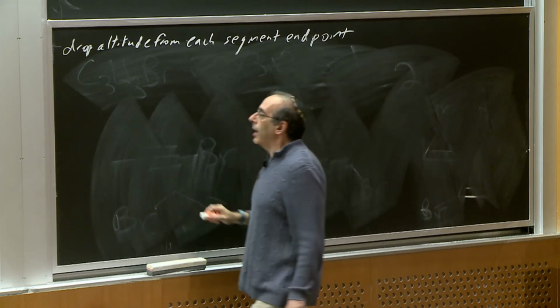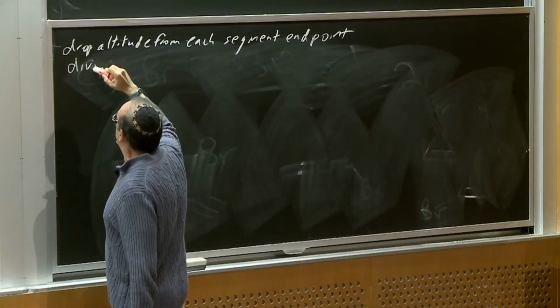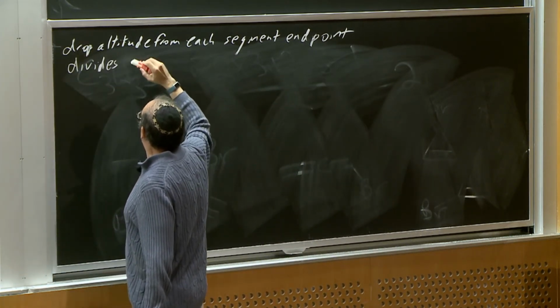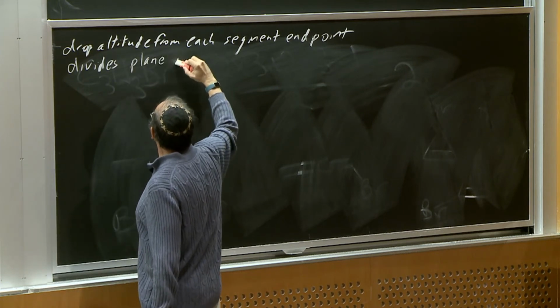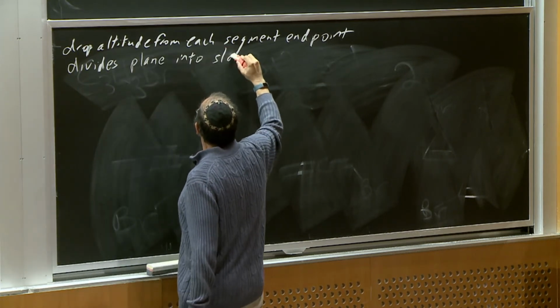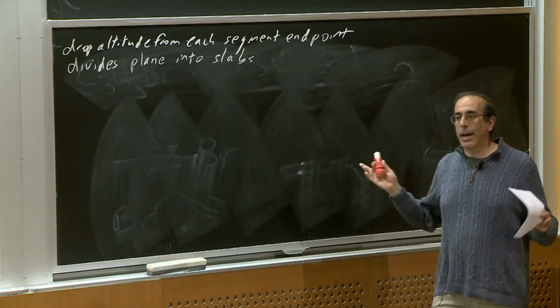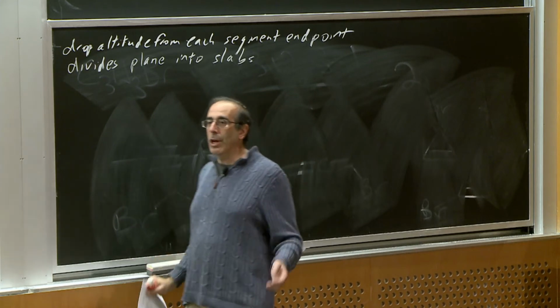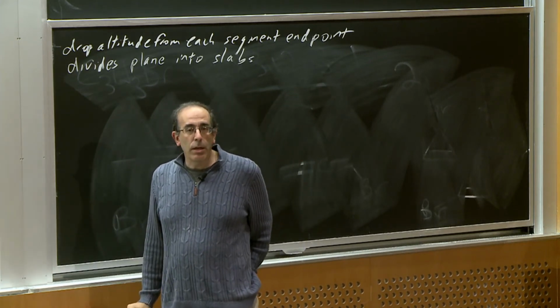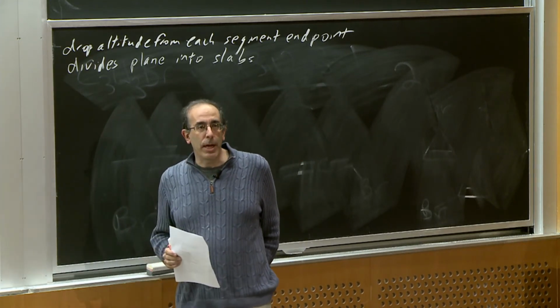And this is going to divide the plane into slabs. And I claim that thinking about the whole arrangement as being broken up into slabs like this decomposes the problem nicely.